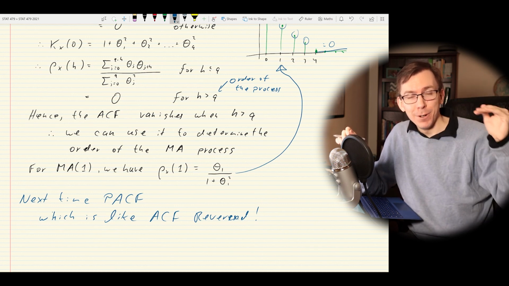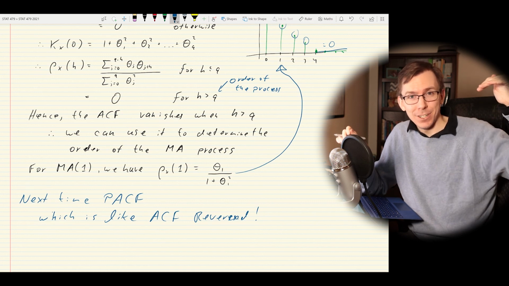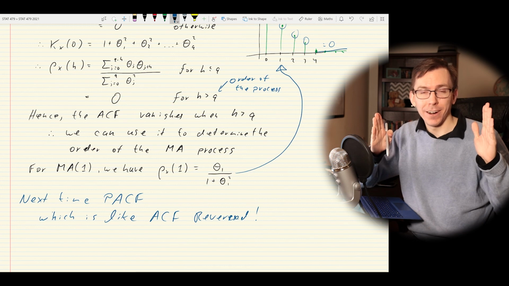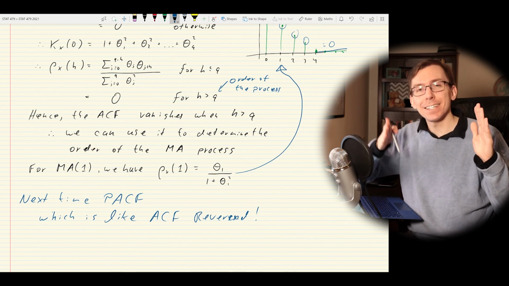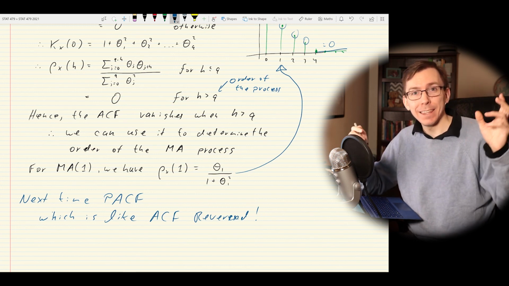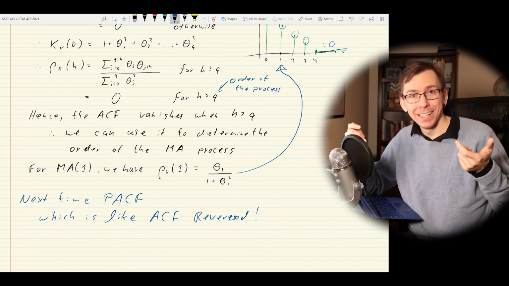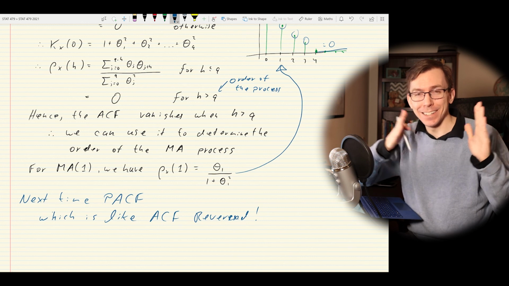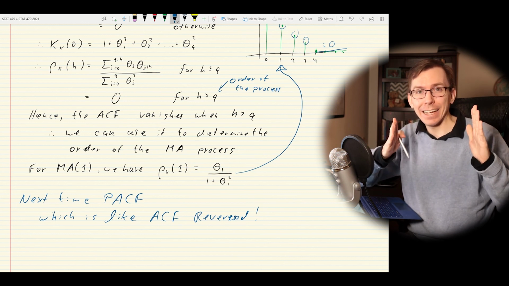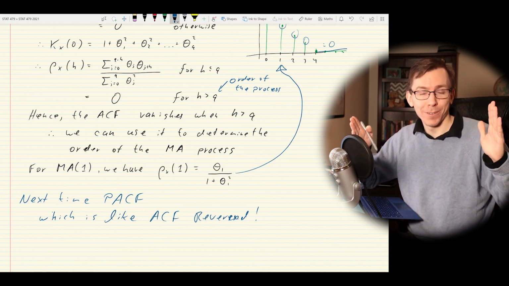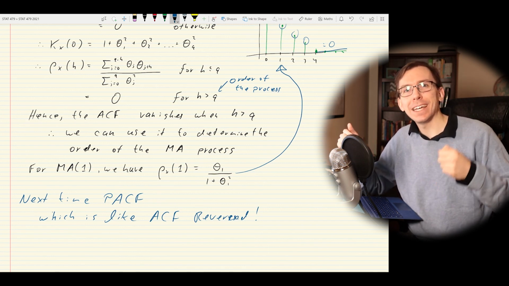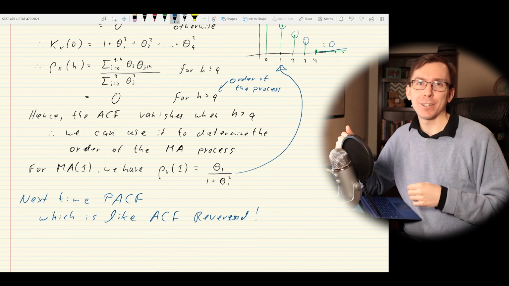For moving average, we eventually just vanish and go to 0 after the lag surpasses the order of the process. The PACF is going to be the reverse. The autoregressive PACF is going to go to 0 as soon as the lag exceeds the order of the process, whereas the PACF for the moving average is going to decay geometrically.